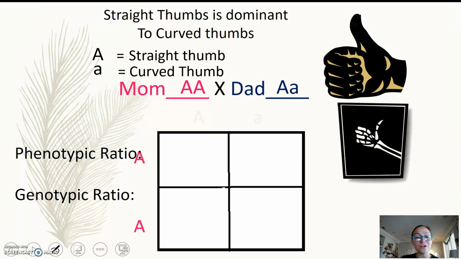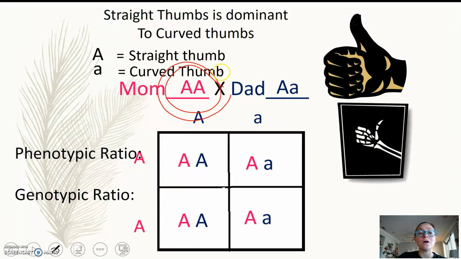So when you do this Punnett square, you put the possible gametes on the outside. And then as you fill in the Punnett square, this is showing the possible offspring that can exist. And when we see this, for the phenotypes, they have a 100% likelihood of having a kid with straight thumbs. That's the only possibility, and that's simply because this mom is homozygous dominant. She will give a dominant allele to all of her offspring, and therefore, to the end of time, all of her babies will have straight thumbs.